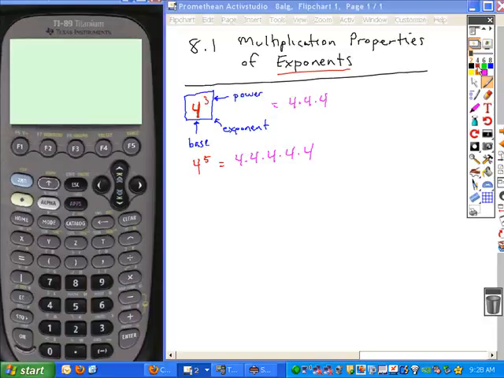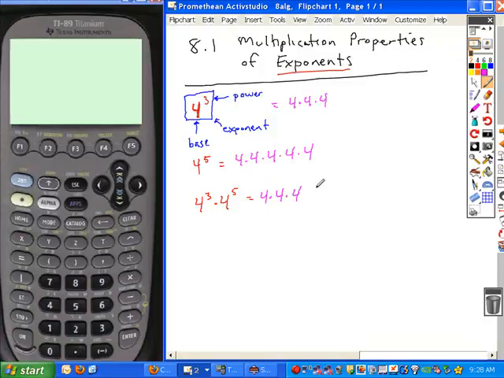Okay, so what do you think is going to happen if you multiply these? If I took 4 cubed times 4 to the 5th, and I were to expand these out in this repeated multiplication form, I have 4 cubed, which is 4 times 4 times 4, and then I'm multiplying that by 4 to the 5th, which is 4 times 4 times 4 times 4 times 4.